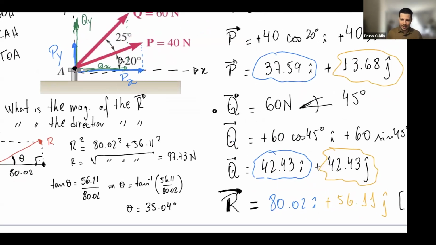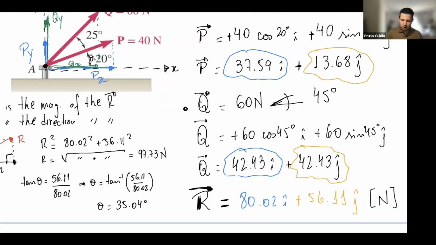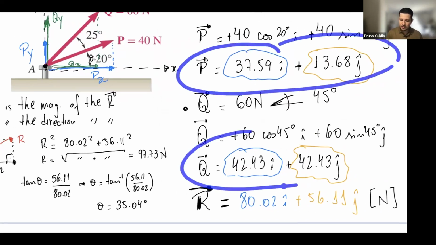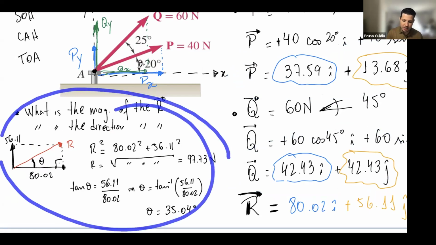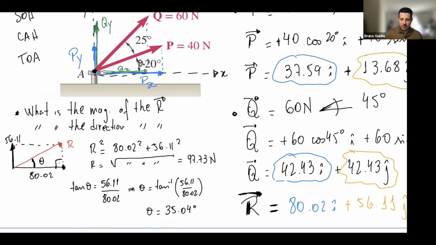Most of the time, down the road, we're gonna stick only to the components, okay? But it's good for you to remember or to learn how to change back to magnitude and direction, okay?